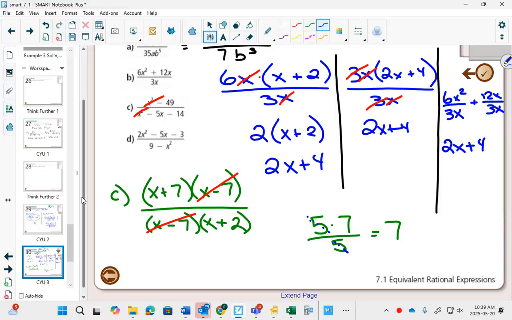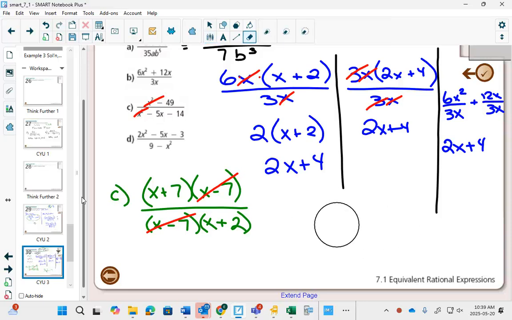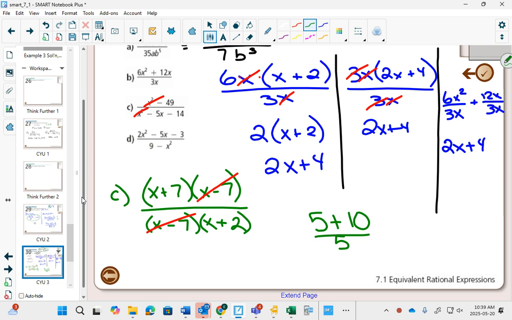So be careful with that, because it makes total sense for you when it's written like this. You have to do the 5 plus 10 first and then divide by 5. Like your order of operations makes sense to you. But you are going to be tempted to do this, like, ooh, 3 and 9, I can simplify, no. Catastrophic, right?